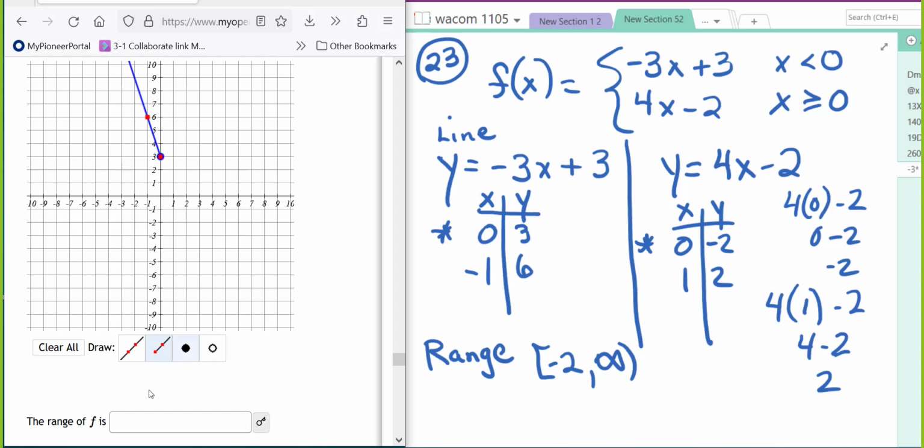All right. Then we're going to hit close circle, because it has the equals underneath, we're going to graph the second one, 0, -2. So don't go over, go down 2. Going to hit the ray tool, click this again, and from there we're going to 1, 2. Right? Our range will be from -2 to infinity.